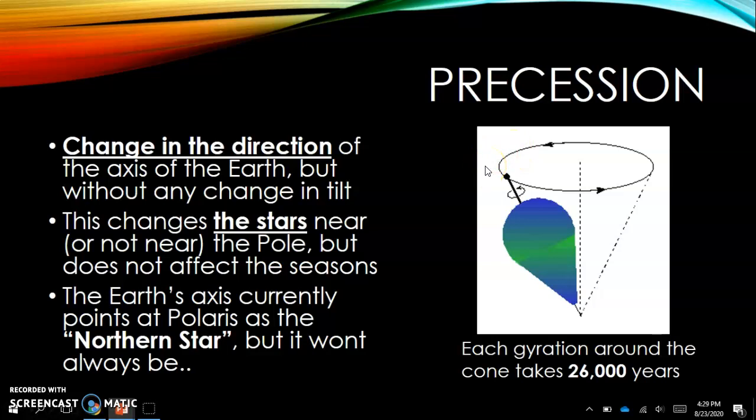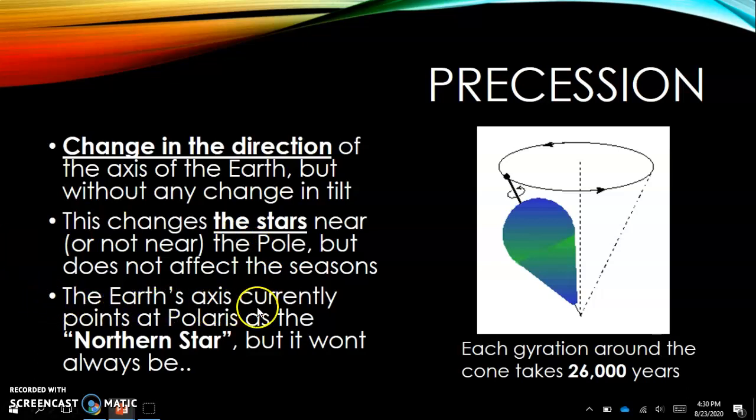What does a precession even do in terms of our Earth? Well, it will change the stars that we are able to see and their position in the night sky, okay? So it changes the stars near the pole, but it does not affect the seasons, okay? So it's not something that's going to change the seasons of the Earth. It really only changes the stars that are near the poles, okay? So the North Pole, South Pole.